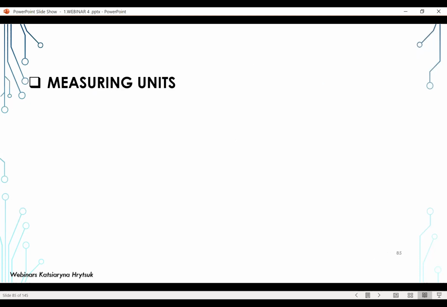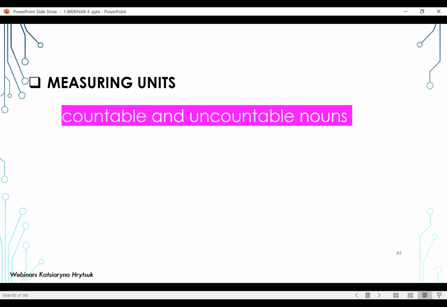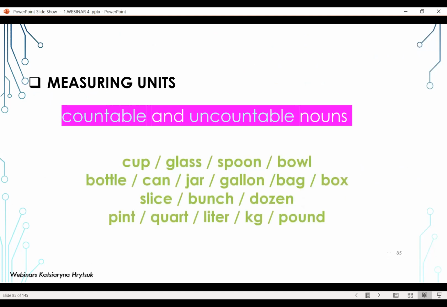So now please write down these measuring units. These measuring units can be used for countable and uncountable nouns. Measuring units: cup, glass, spoon, bowl, bottle, can, jar, gallon, bag, box, slice, bunch.